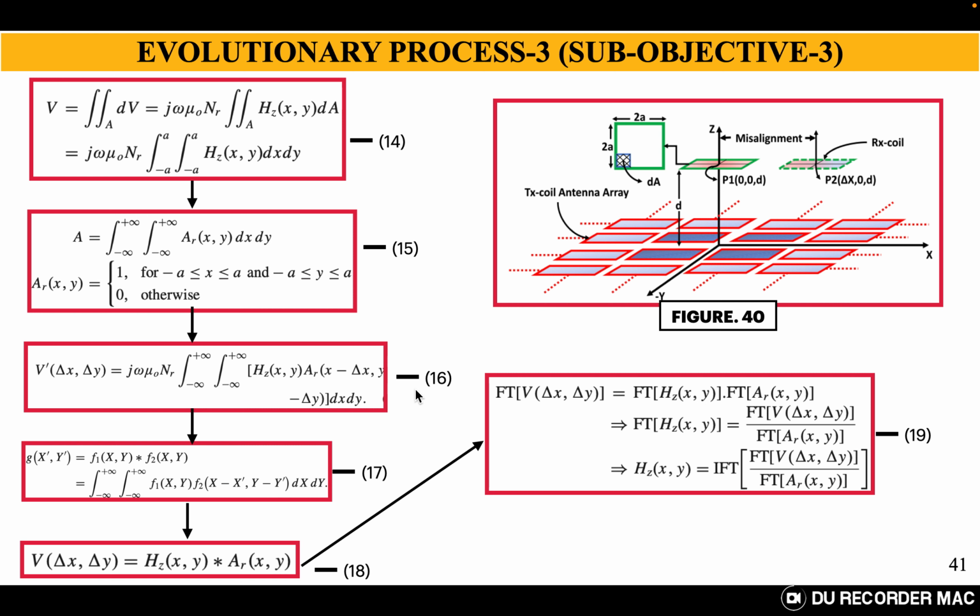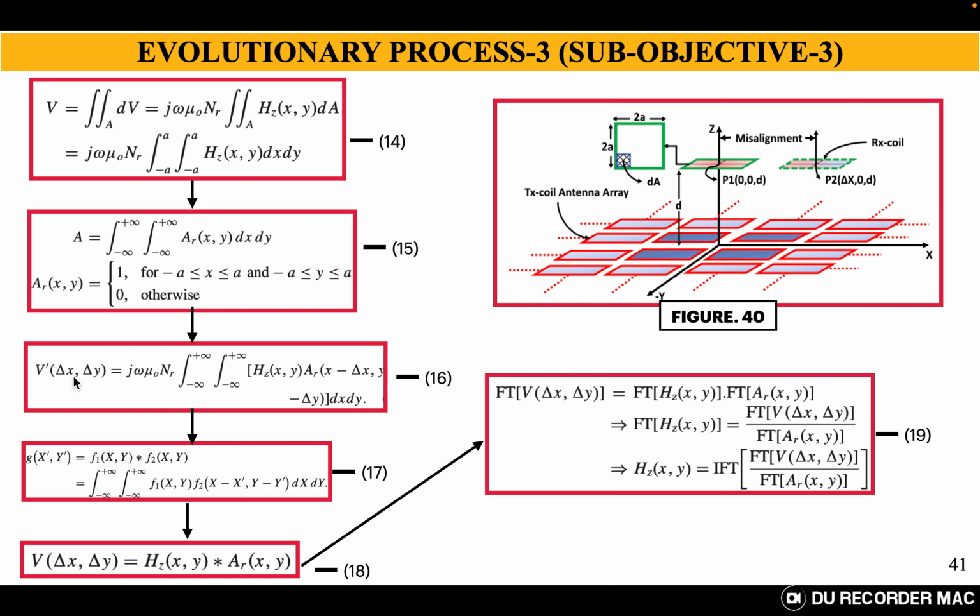Equation 16 is a very interesting equation. If you substitute this dA in equation 14, you will get the misaligned receiver coil, because I want to sweep, or slide, the receiver coil from minus infinity to infinity, both in the x and y directions. So my limits for misalignment would be minus infinity to infinity in x and minus infinity to infinity in y.